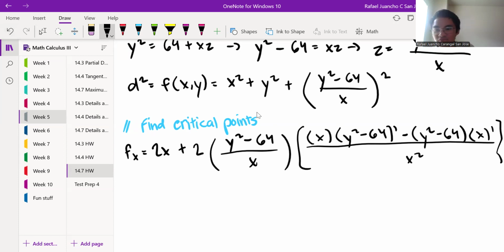So which one do I remove, right? Well, I'm doing x, so this one's 0. That's gone. This one is 1. This one is minus y squared plus 64. So this is 64 minus y squared. I'm just going to leave it like that.